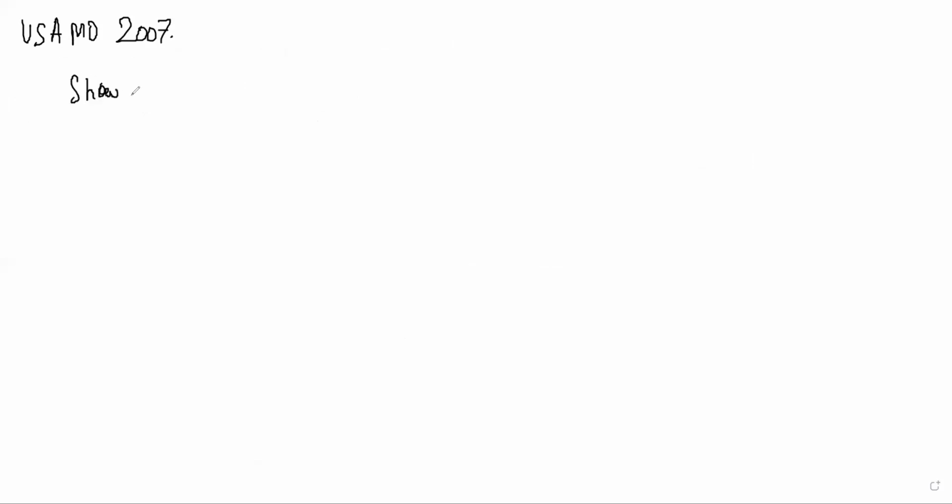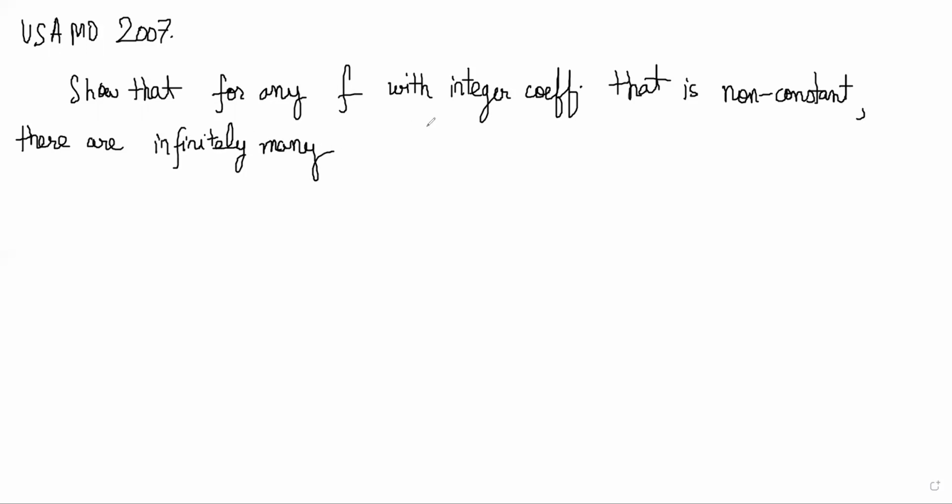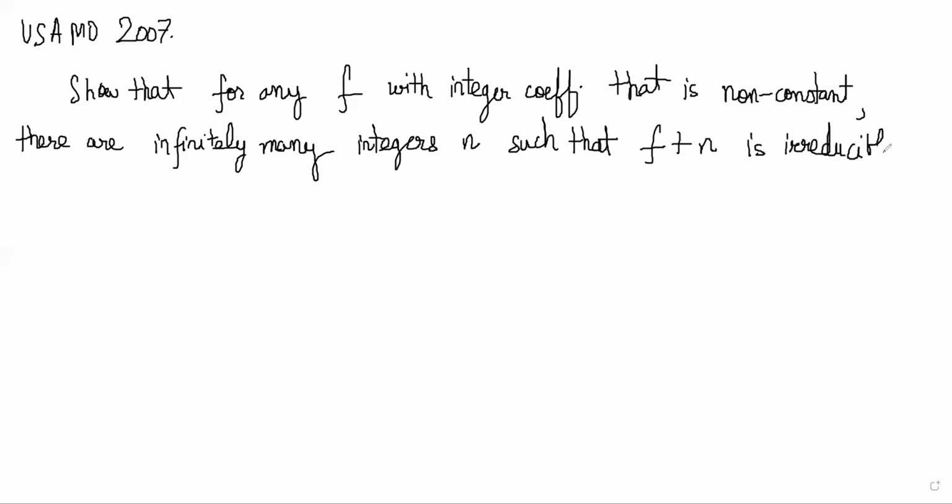It says, show that for any f with integer coefficients that is non-constant, so basically it's not a constant polynomial, there are infinitely many integers n such that f plus n is irreducible. Okay, so it can be easily proved by Perron's criteria.